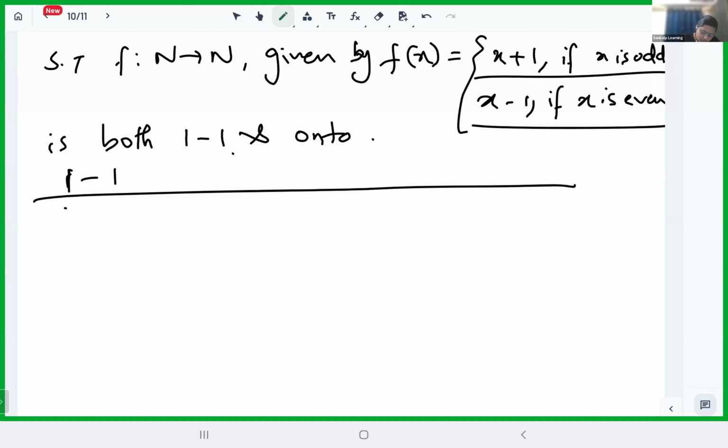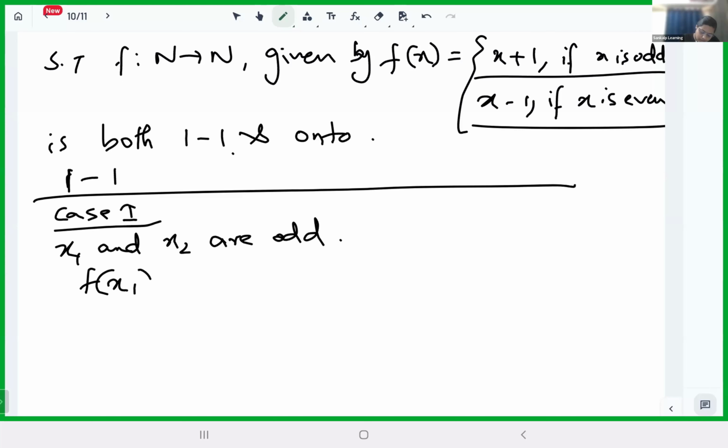So the first case is case 1. Consider that x1 and x2 are both odd. Then if I take f of x1 equal to f of x2, what can you say about the function? Both are odd, so both take the function x plus 1.